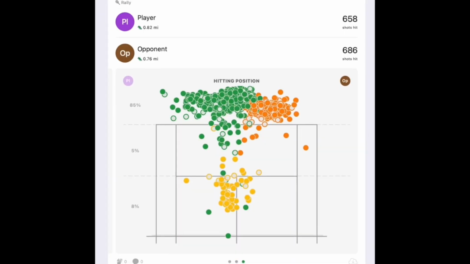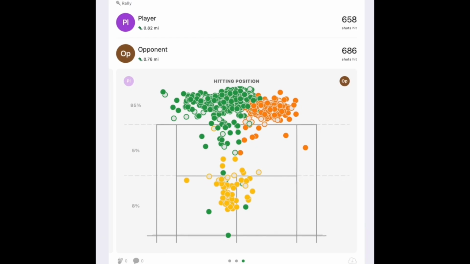What does that mean for me? I'm either going to attack it, or when I'm in trouble, I'm trying to neutralize the ball by going to his backhand. The second thing that I'm noticing here is there is a big chunk, especially off the forehand, where he is very deep behind the court. So it's a fairly passive court position. I can attack the front of the court.